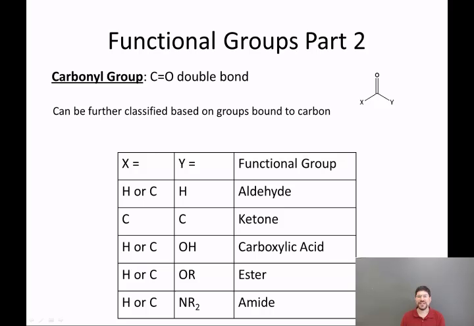And then finally, amides are the functional groups in which you have Y equal to nitrogen. Now that nitrogen can have two hydrogens on it, one hydrogen and one carbon, or two carbons on it. I like to say that one analogy is that ether is to ester as amine is to amide.